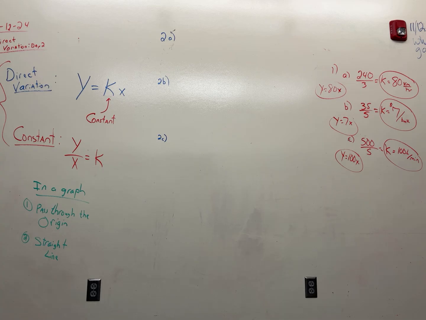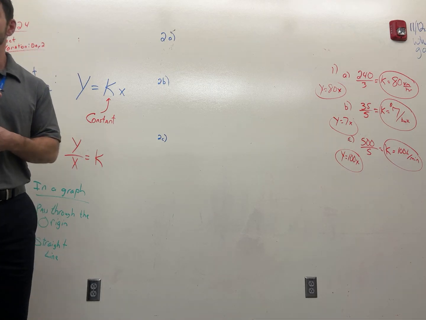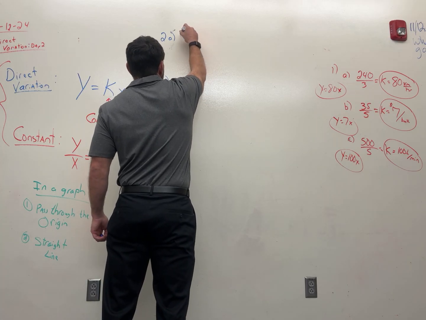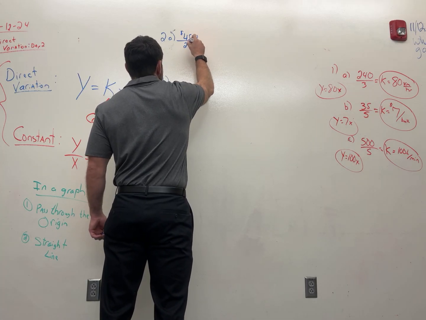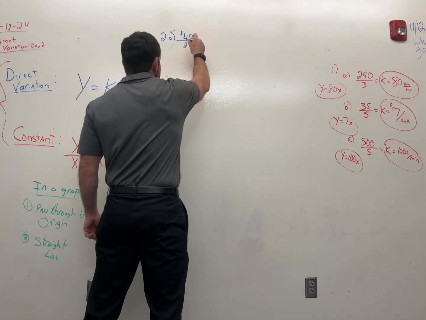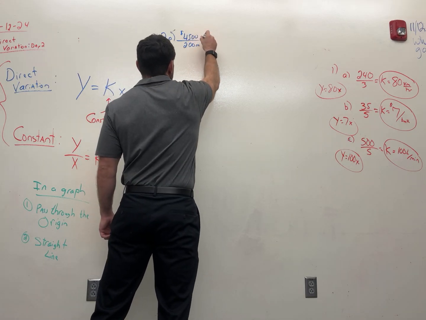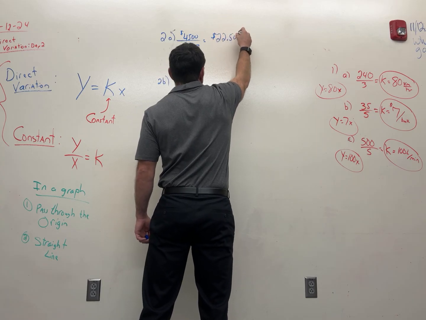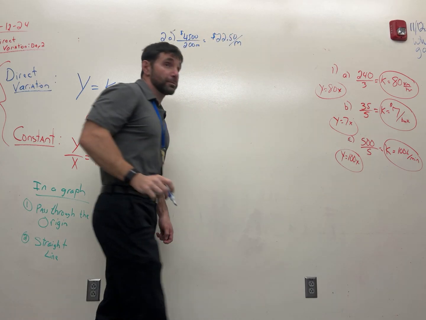So here we go. Look, most of you are doing really well at this. Some of us are having a little bit of trouble. First you have to find the constant. It is $4,500 for 200, is that right, 200 meters? That gives me $22.50 per meter.